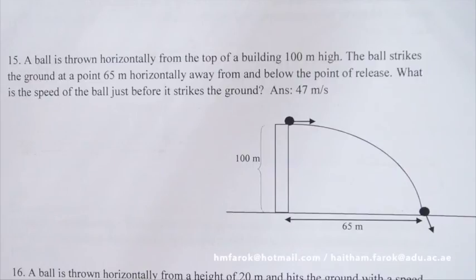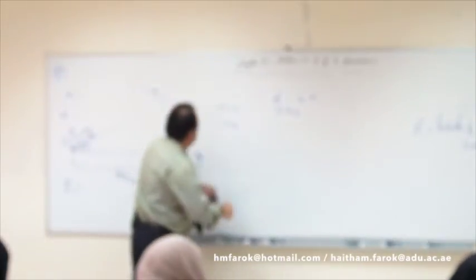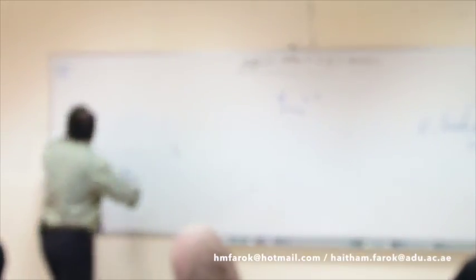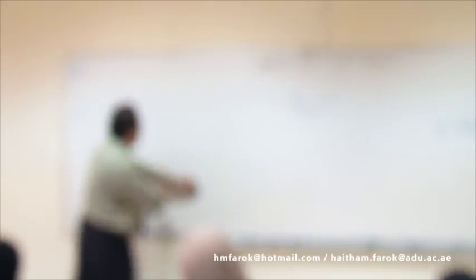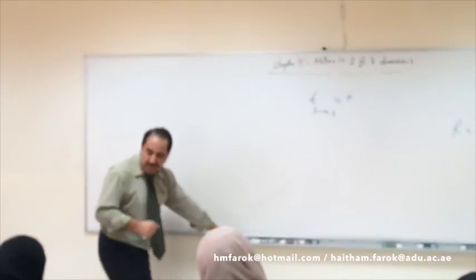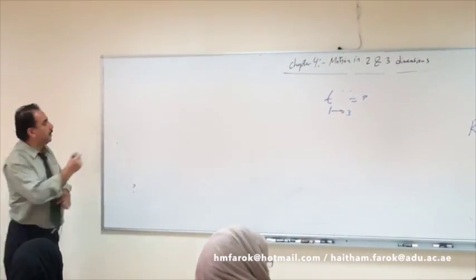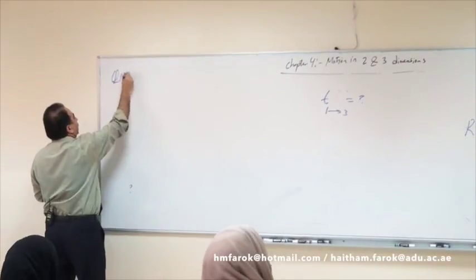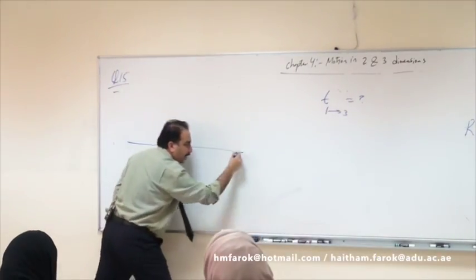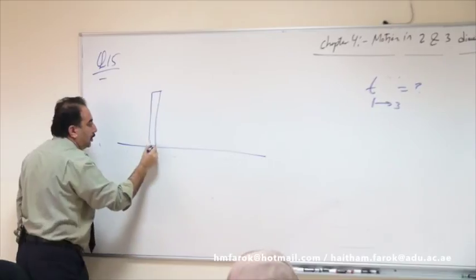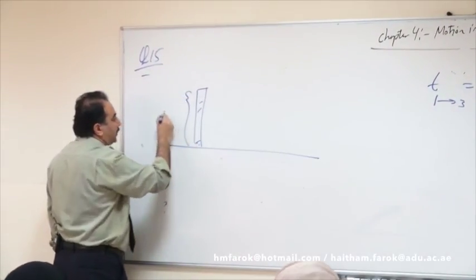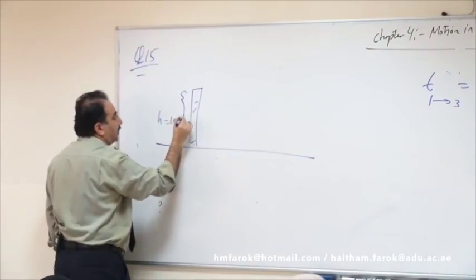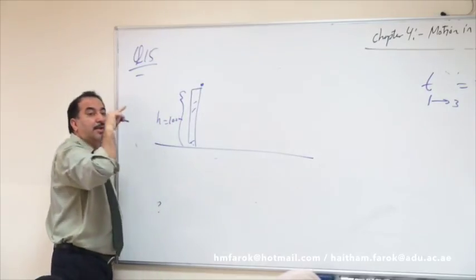I'll do a sketch here for you. You'll find how easy it is to be solved. So it's question 15. This is what is given. This is the diagram. A building, the height h, 100 meters, and here you're firing horizontally.